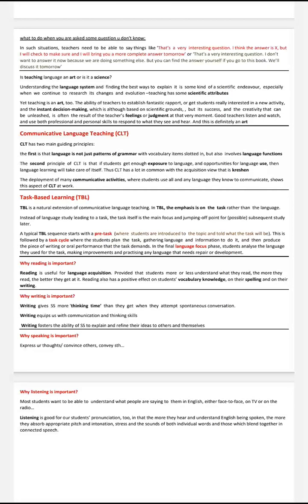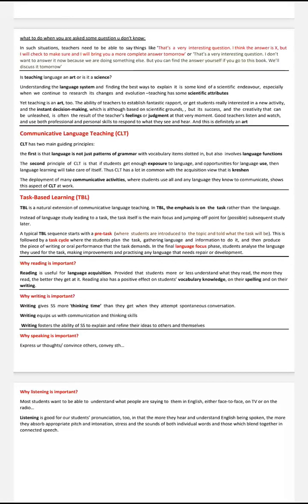Then, in the final language focus stage, students analyze the language they used for the task, making improvements and practicing any language that needs repair or development.